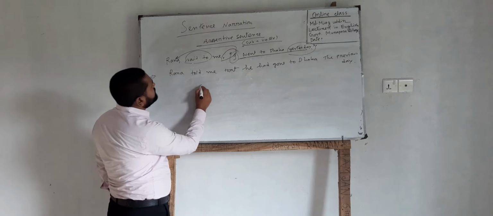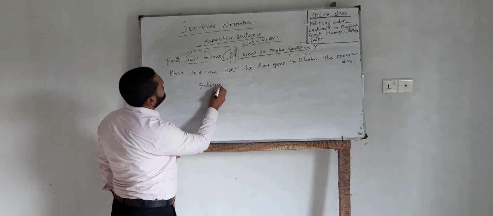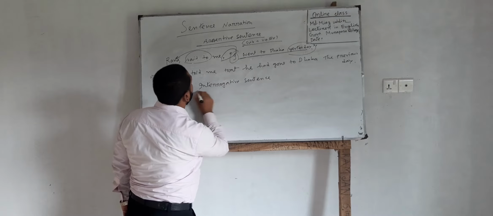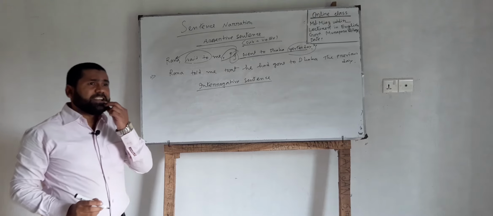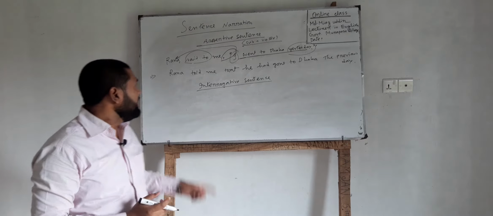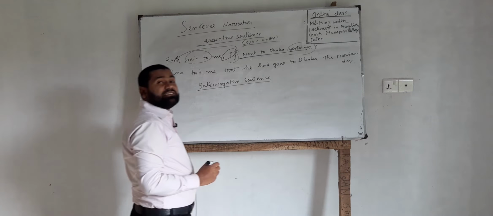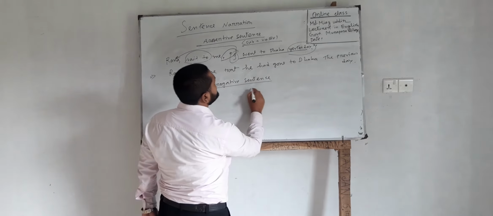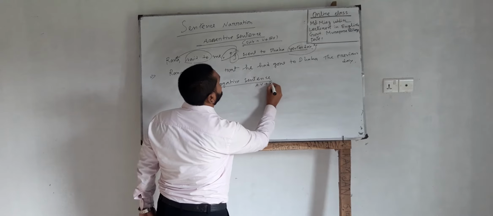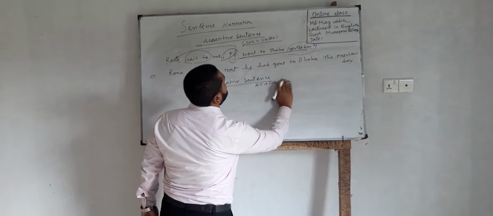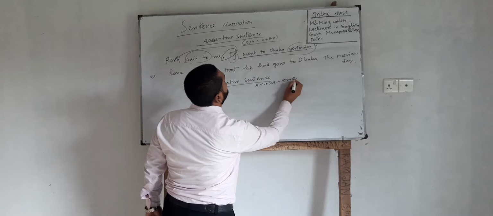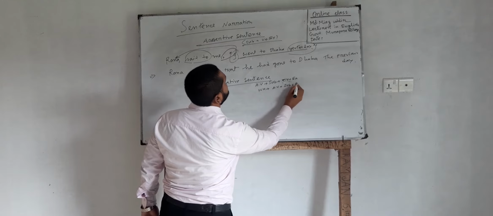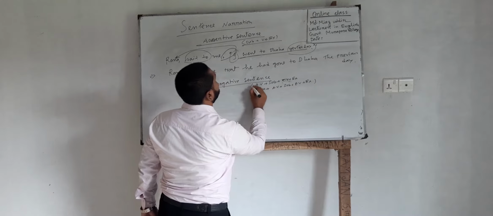Then follow the interrogative sentence. How to change narration from direct to indirect of an interrogative sentence. An interrogative sentence begins with an auxiliary verb or WH word. Follow the structure: auxiliary verb plus subject plus principal verb plus extension, or WH word plus auxiliary verb plus subject plus principal verb plus extension.